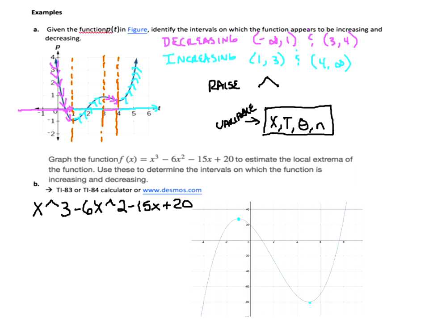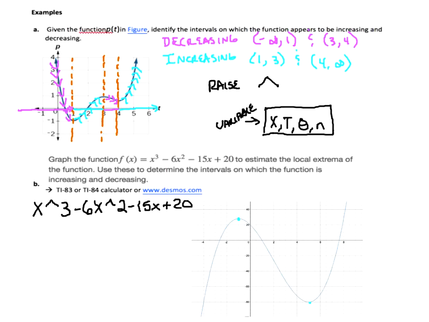Cyprian, right next to your Y equals button at the top is a window button. Go ahead and click the, no, I'm sorry, don't click the window button. Click the zoom button right next to the window button. It's the third button at the top. And what you want to do is arrow all the way down to the 10th entry that says zoom fit.